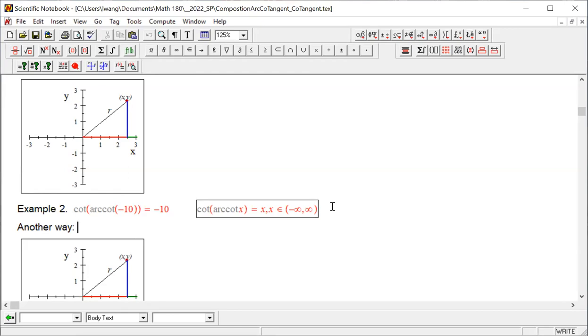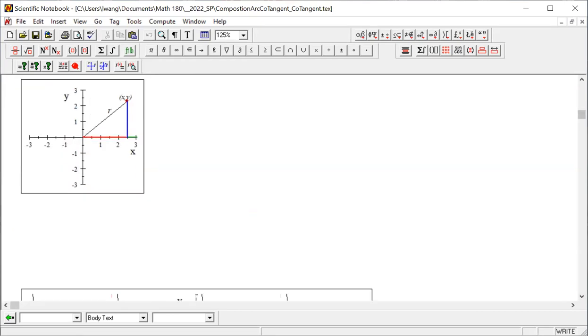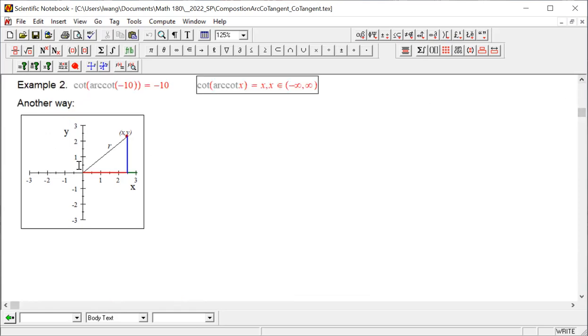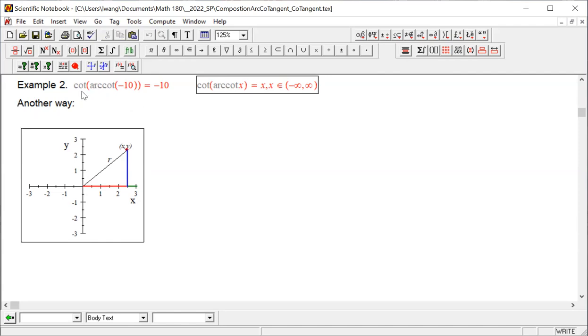Suppose I forgot for whatever reason, then I would just do it from inside out. This time the terminal is actually going to be in the second quadrant. Why? Because the ratio is negative. I will still make the same assumption.